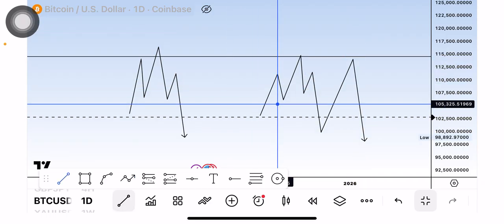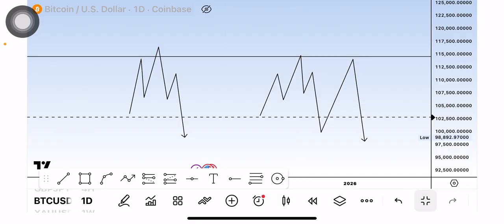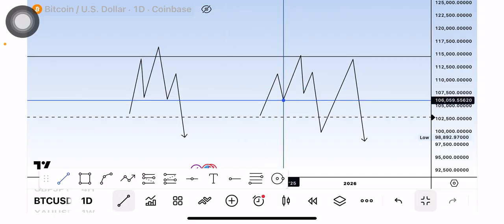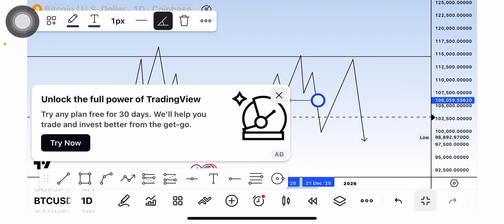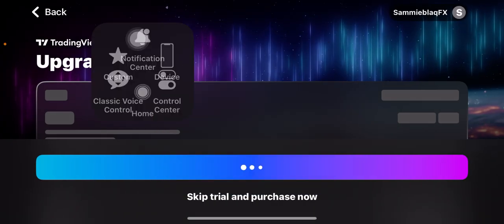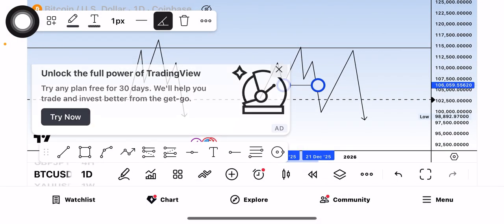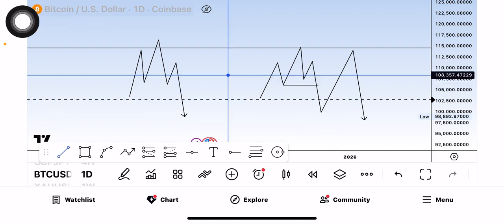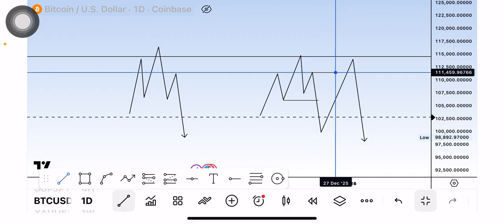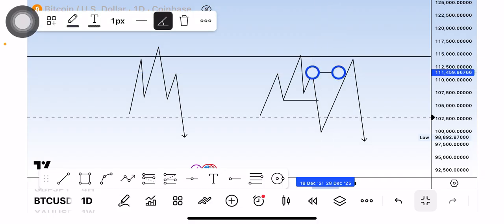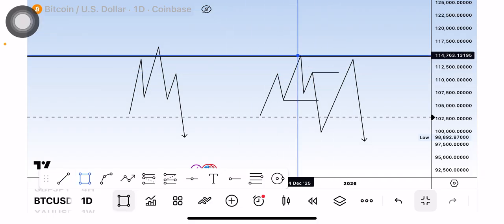So since market has broken structure here, since market has shifted structure here, this is our liquidity, and this will serve as our POI.